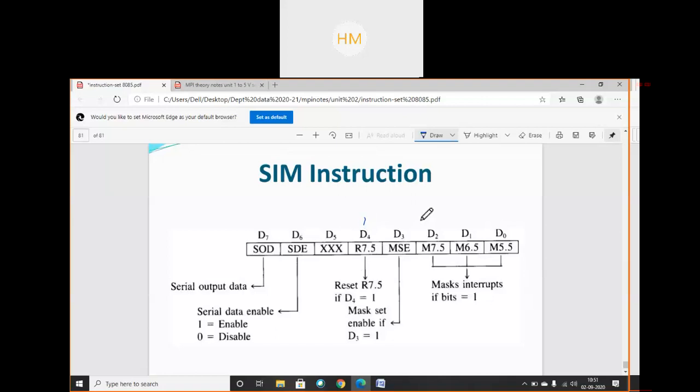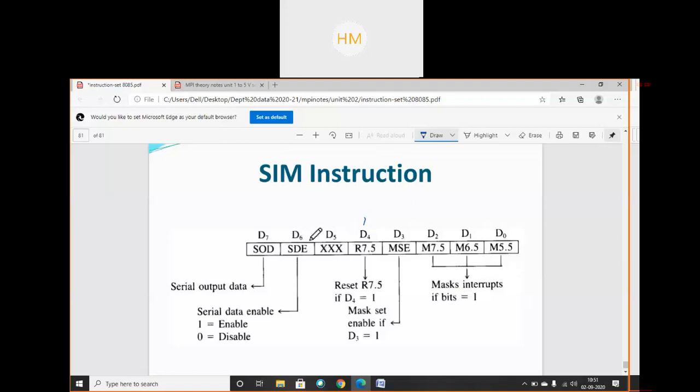Only it will reset our 7.5. For examination purposes, you have to remember this structure. Then D5 bit is stored for future purpose. Don't care, a cross is put. In future, if needed, we can use this bit. So D5 is not used.